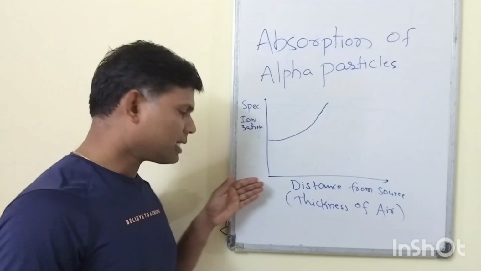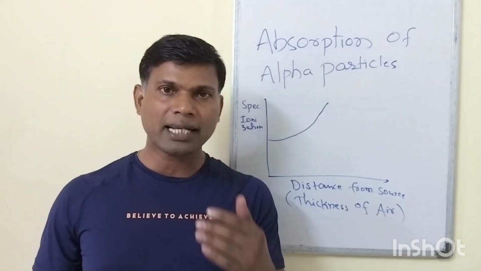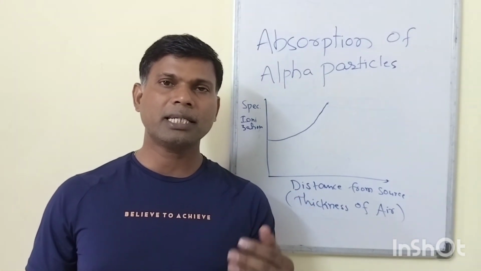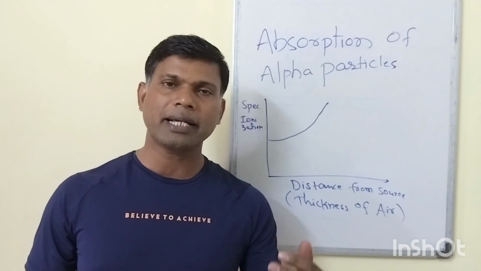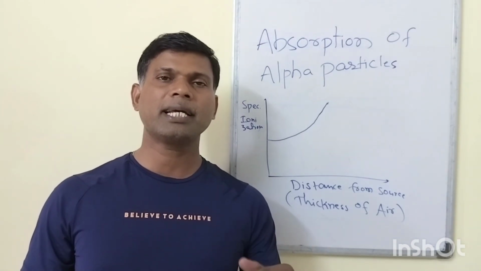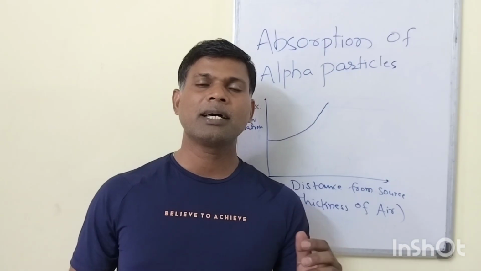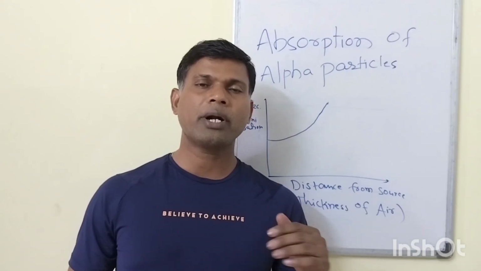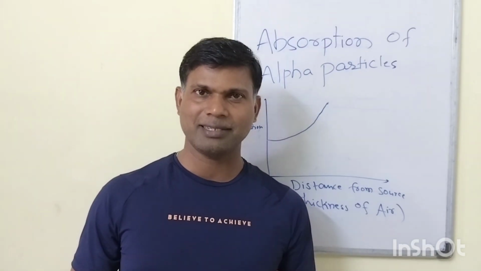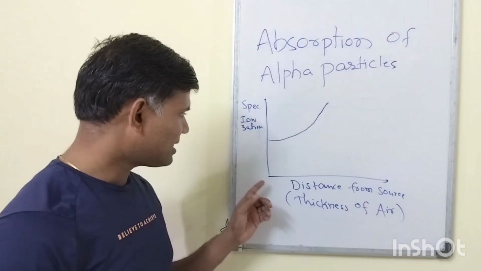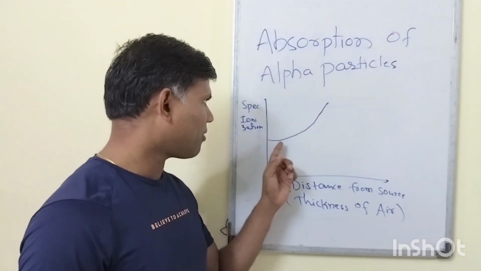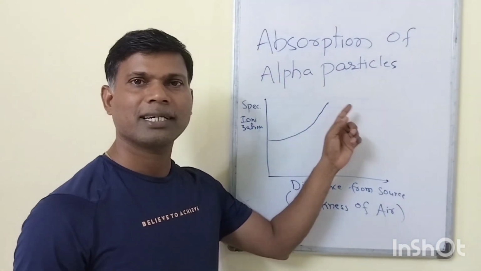As it is going inside the medium, it is interacting with the medium. The velocity of the alpha particle keeps on decreasing, so it is getting more time to interact with the medium, so it is making more ion pairs. That is the reason that as distance increases, the number of ion pairs formed increases.